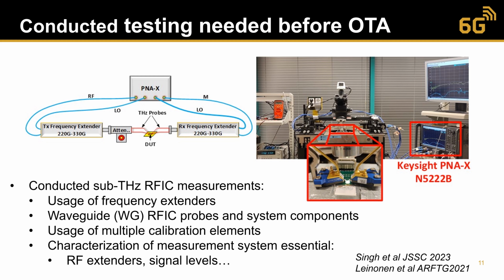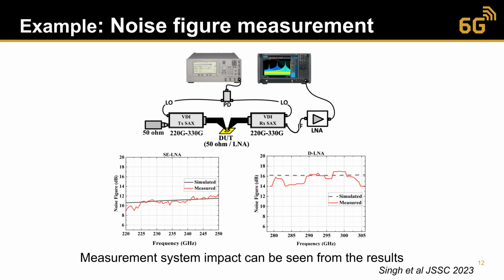Accurate RF measurements with the frequency extenders are significantly more challenging than operating RF equipment with the native support frequencies. As an example, noise figure measurement results of 240 and 290 GHz low noise amplifiers are shown here. It can be seen from the result that the simulated response is a flat line, while the measurement contribution to the results is substantial.